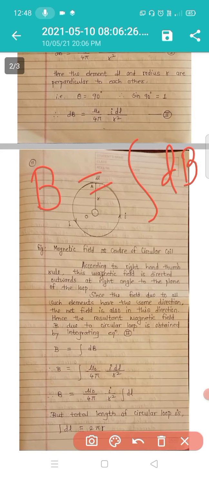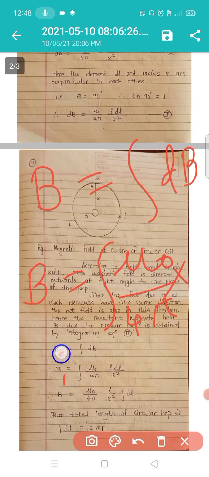Hence, we get B is equal to the integration of dB, that is mu naught upon 4 pi into I dl upon r square. Then take the constant terms outside the integration.